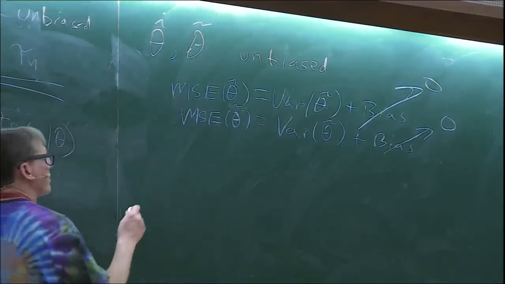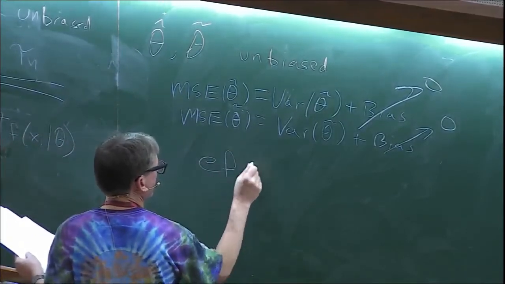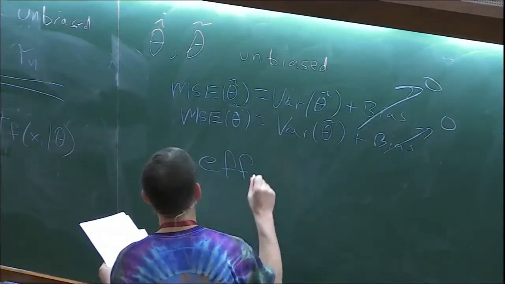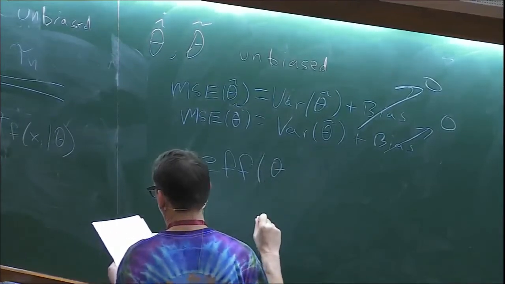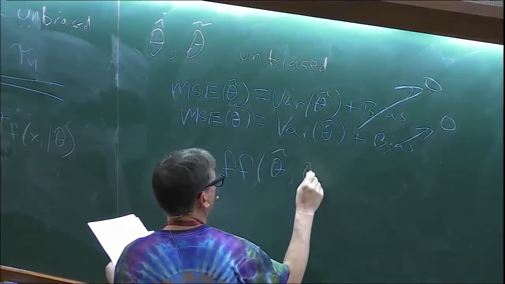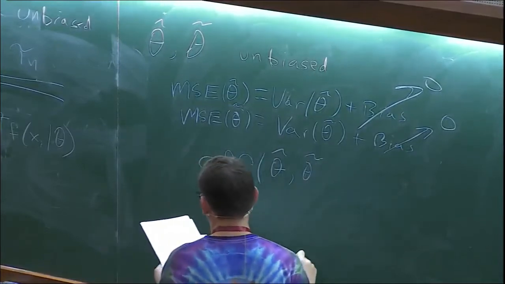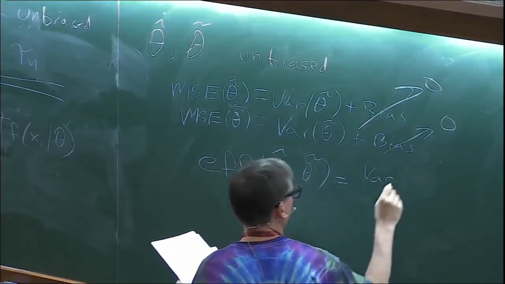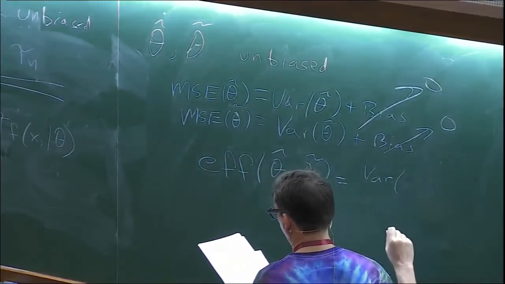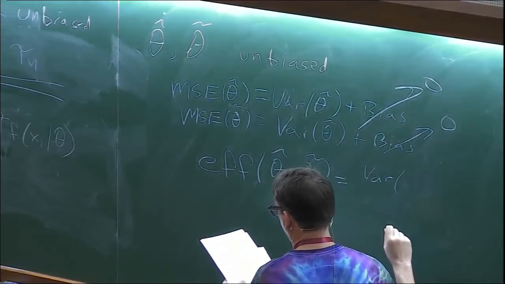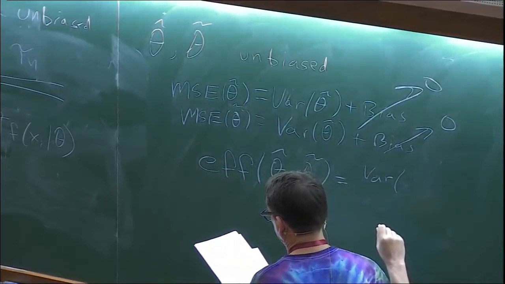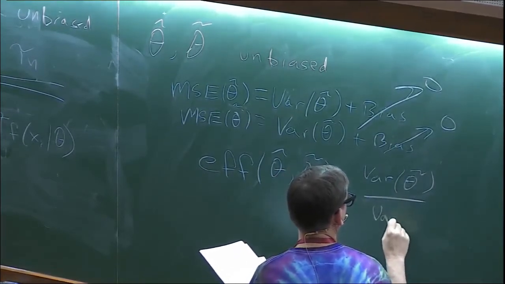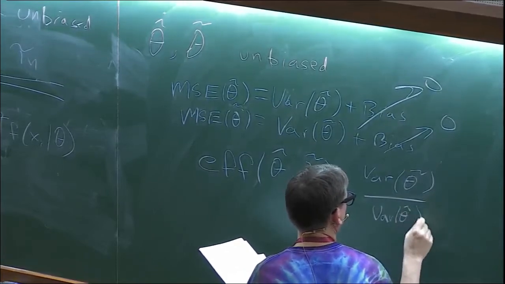Okay, so we could define something we could call the effectiveness of the estimator, or the efficacy ratio, between theta hat and theta tilde, to be the ratio of their variances: the variance of theta tilde over the variance of theta hat.